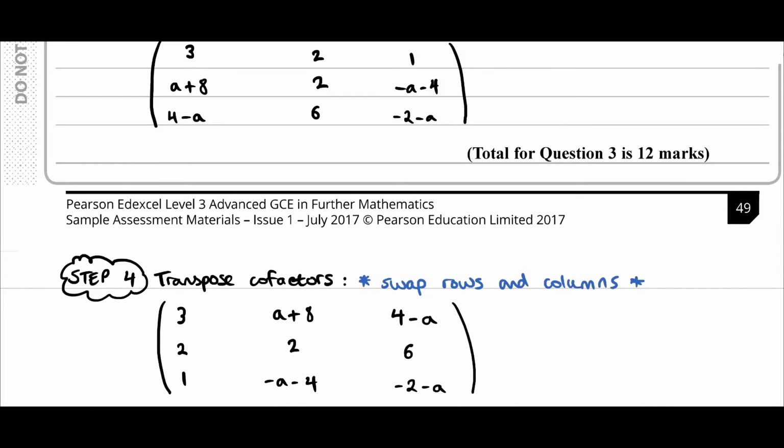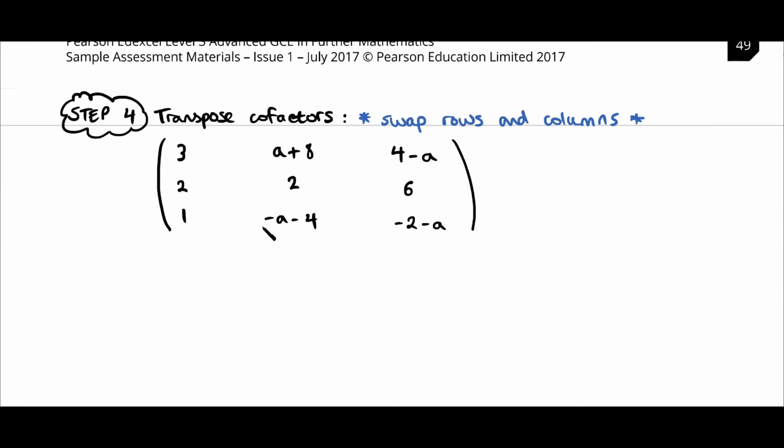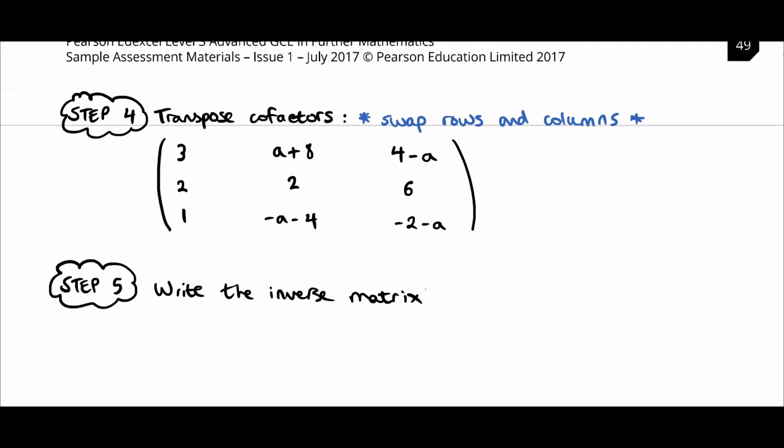And with that being said, our fifth step would be to write the inverse matrix. So we now need to write the inverse matrix. And the inverse matrix is given by the inverse of A equals 1 over the determinant of A multiplied by the transpose of the cofactors.